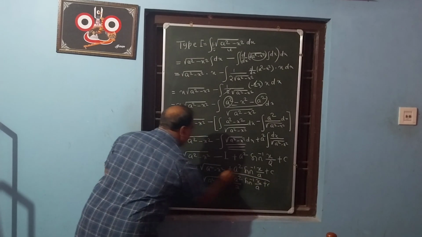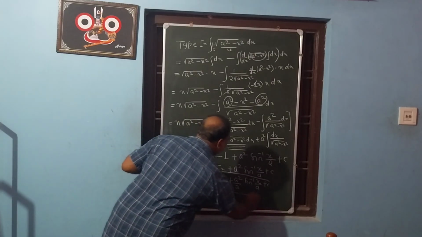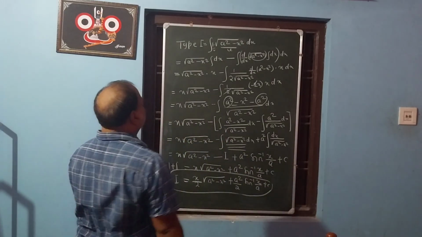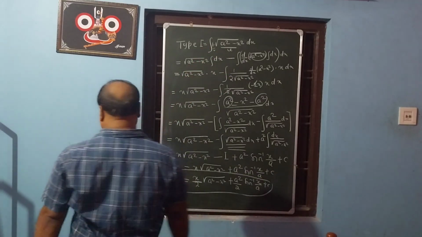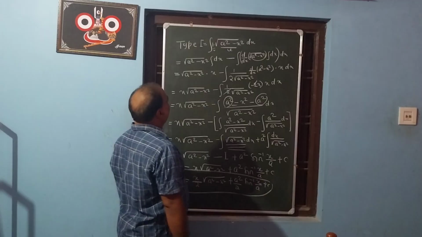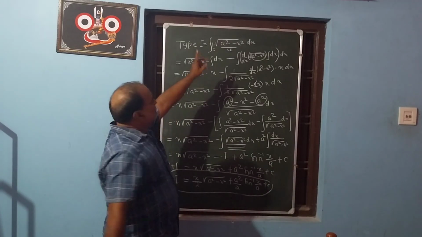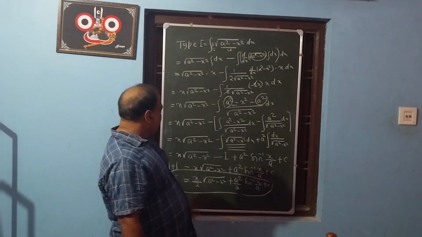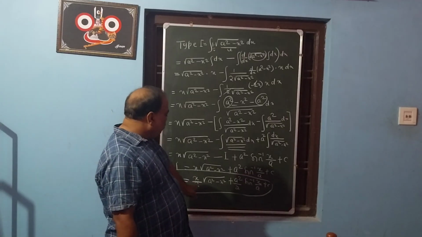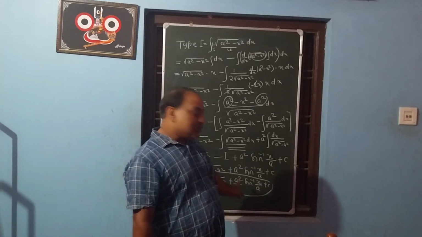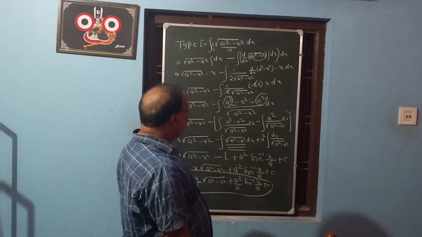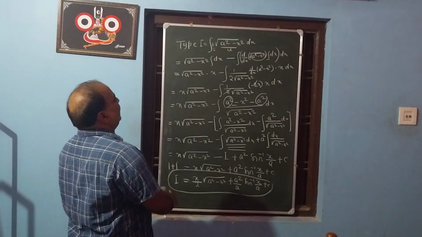This is the formula, a very important formula for this integral: integration of root over a square minus x square is equal to x by 2 root over a square minus x square plus a square by 2 into sine inverse x by a.